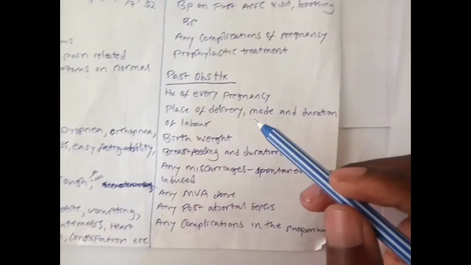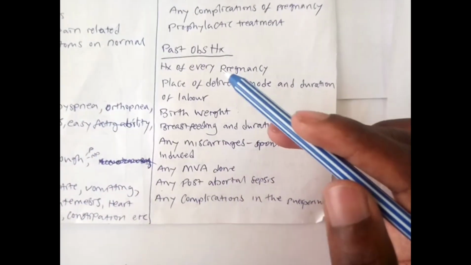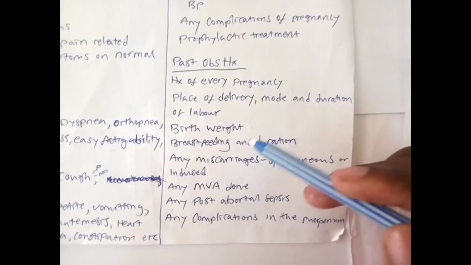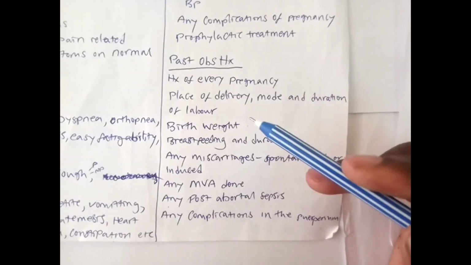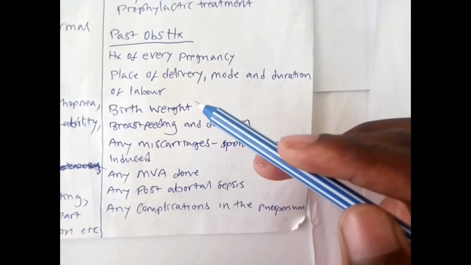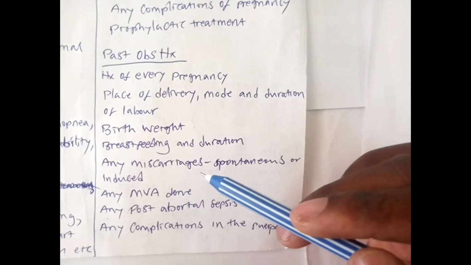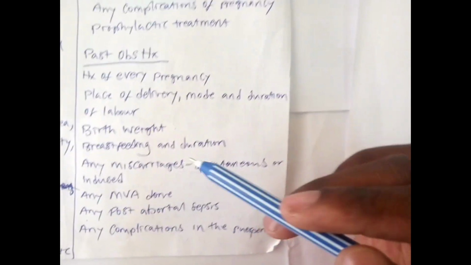And the way it is, if someone comes as a primigravida, then of course they don't have any past obstetric history. But some don't understand when you tell them, is this your first pregnancy? So they say yes, when actually they had another pregnancy, but it was a miscarriage, so they don't actually count that pregnancy.